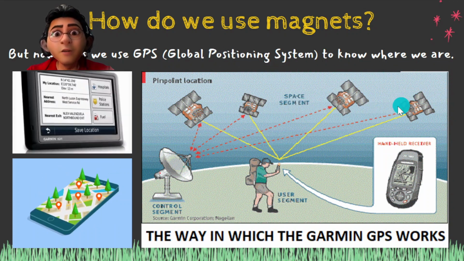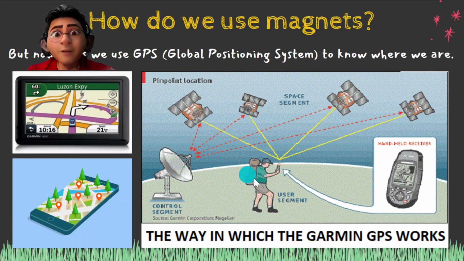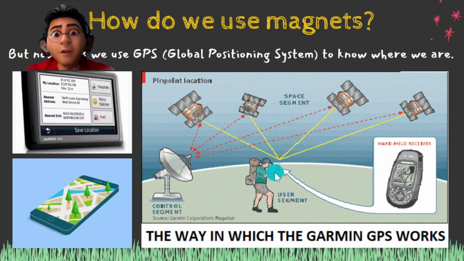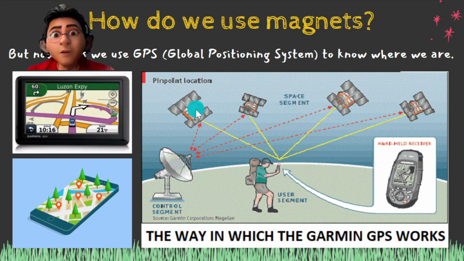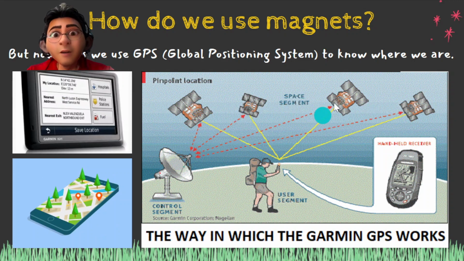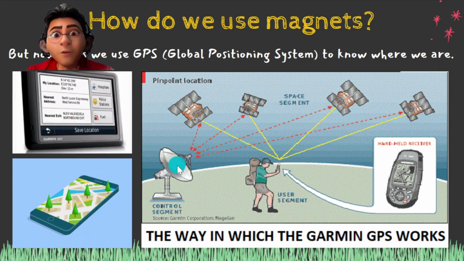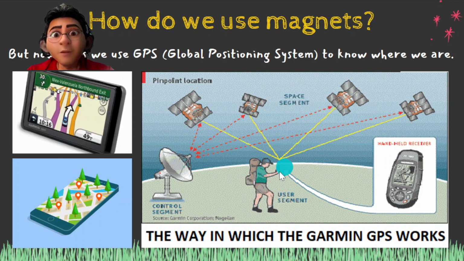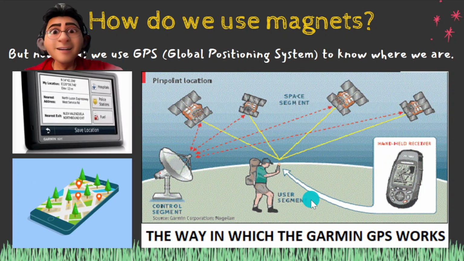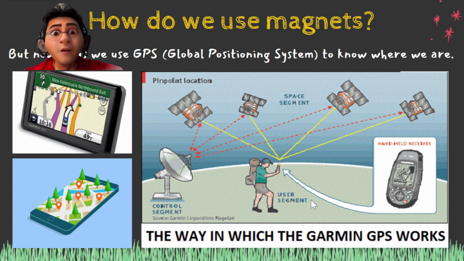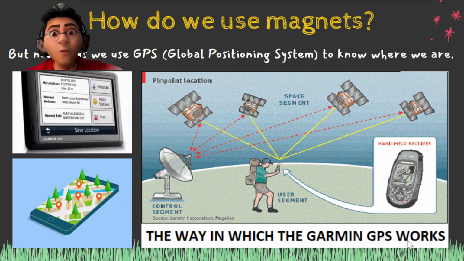GPS uses many satellites like in this picture, and data from your phone will be sent to the internet and the satellites, and they will send it back to control, and the control will send data back to your phone to show you where you are. More or less, this is how a Garmin GPS or your phone GPS works.